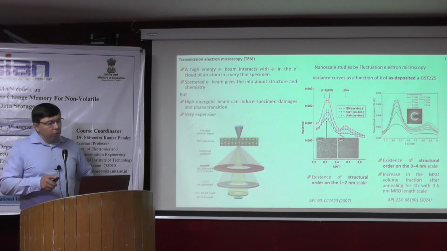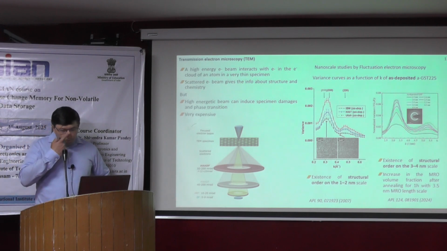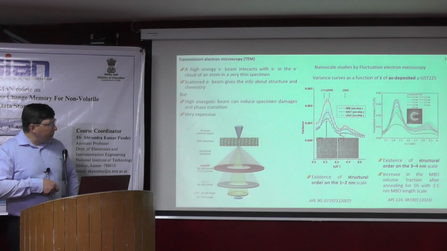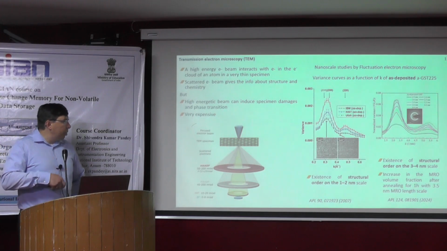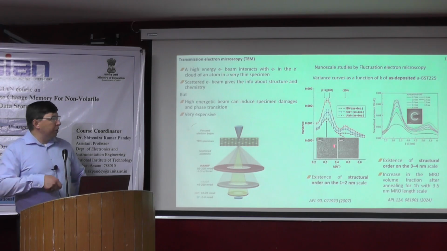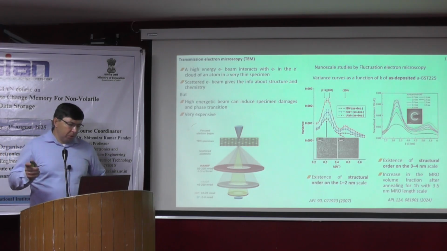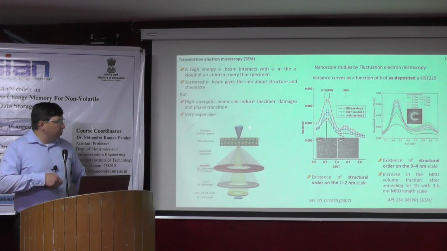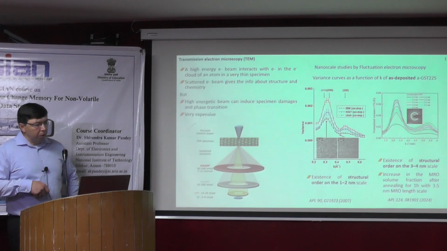But one more thing you should keep in mind in the TEM is that you use an electron beam, and the electron beam can crystallize your material. I will show you also some examples of structural changes using the electron beam.